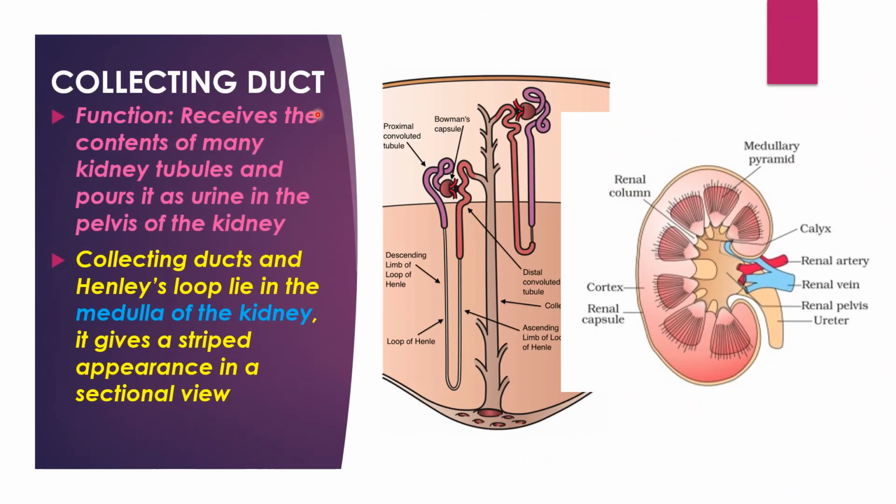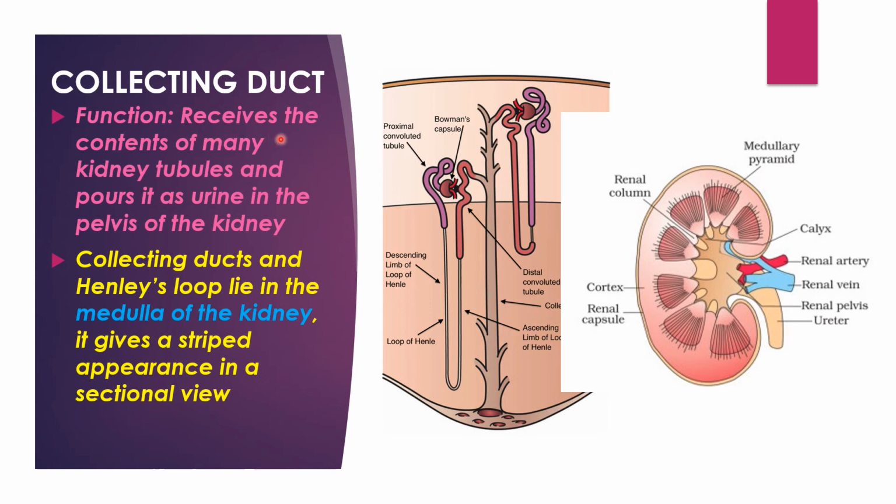Collecting duct. What is collecting duct? It is a tubular structure present in the medulla region of the kidney. Here you can see this is the medulla region, and the collecting duct is present in the medulla region. What is the function of this collecting duct?